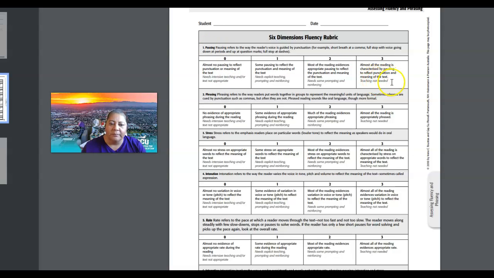It reflects punctuation and the meaning of the text. What about phrasing? Almost all of the reading is appropriately phrased. Intonation: almost all of the reading shows variation in voice or tone, and the pitch reflects the meaning of the text. So this is really looking at all of the points of fluency in there. And then obviously you have rate as well.